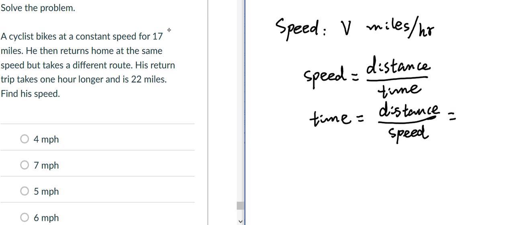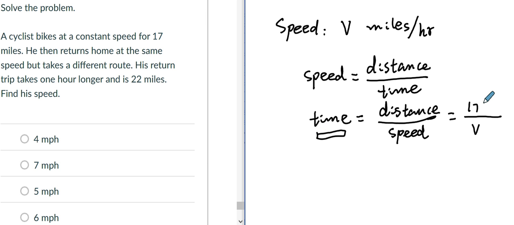Here, we have a 17 for the distance, so you have a 17 upstairs. Downstairs is the speed, v, and then you have the time right here.